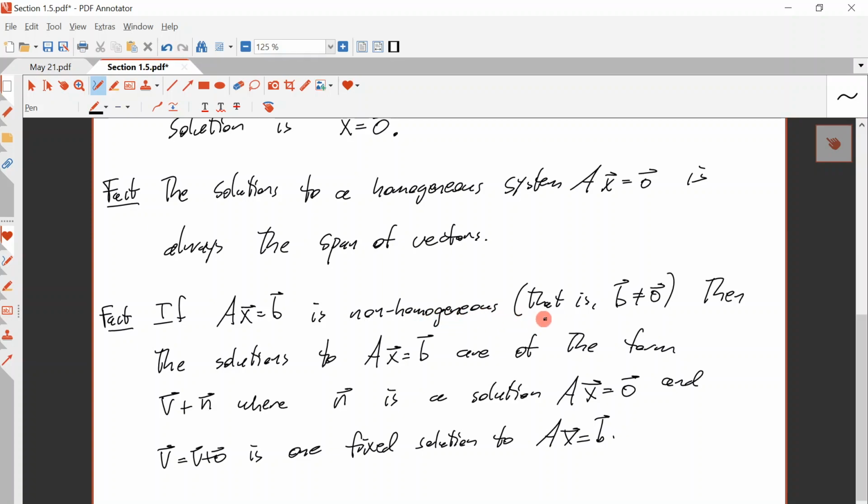So when you have a non-homogeneous system, you pick one solution, v, so x equal to v plus n. V is one solution to the non-homogeneous system, and n ranges over all the solutions to the homogeneous system.